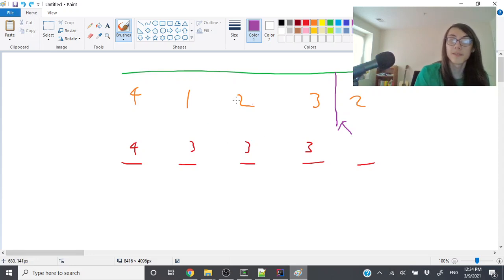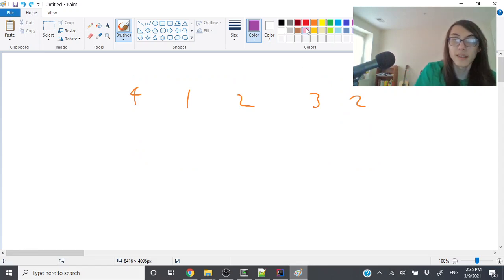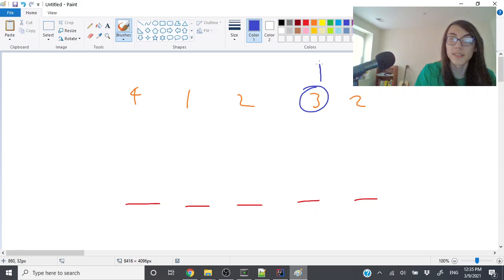So really we just need to figure out a way to efficiently compute the values while we sweep to the right. So now the way we can do that is we can say that each element is going to dominate some range of the array.